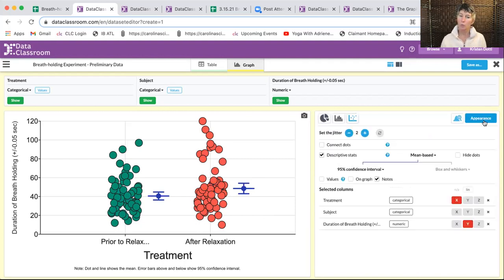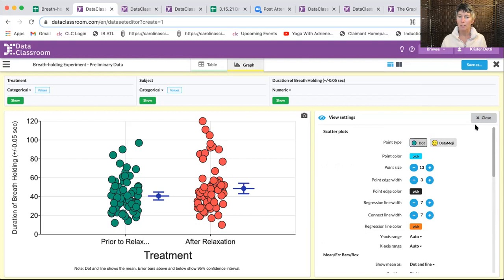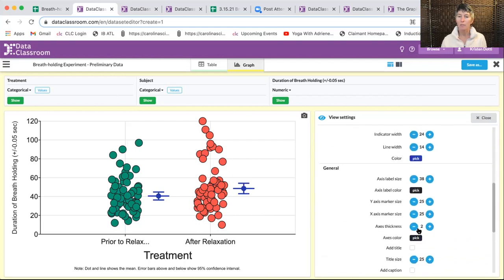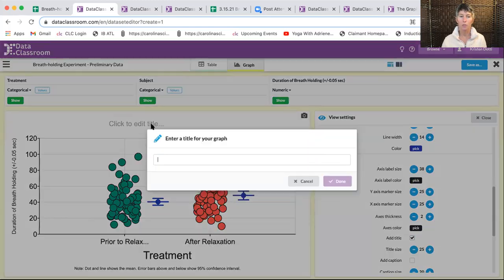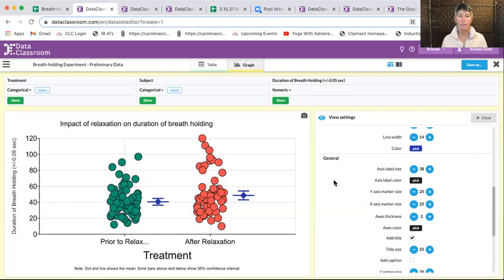So there are lots of different choices, and I want my students to make those choices and make good choices as they do that. The last thing I would have my students do is make sure that they put a title on here so that they're talking about the duration of breath holding, so that they can put all of the things together that are required.